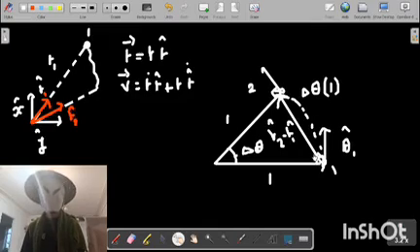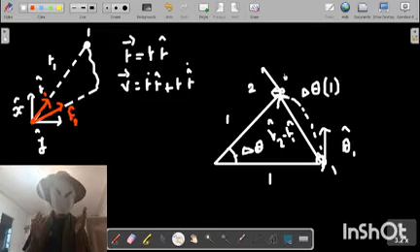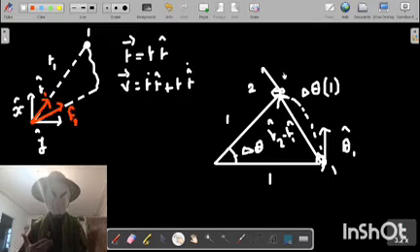Also, this is the direction of theta hat 2. You can see they have the same direction, right? So when you go like this, you can visually realize r hat 2 minus r hat 1, the difference between these two vectors, always is the direction of theta hat. So you go from here to here, it gives you this, and it's always this direction.